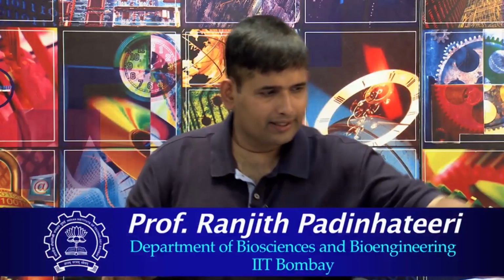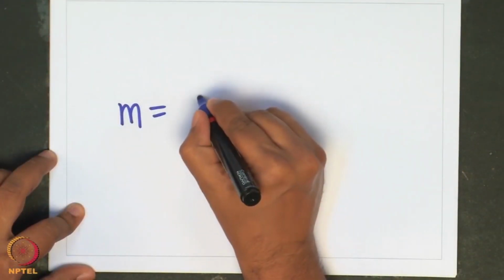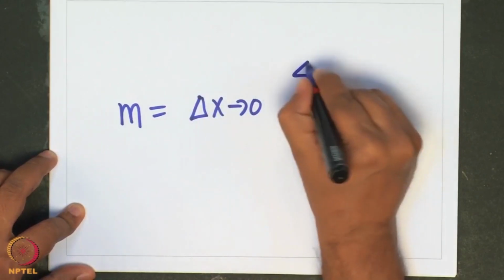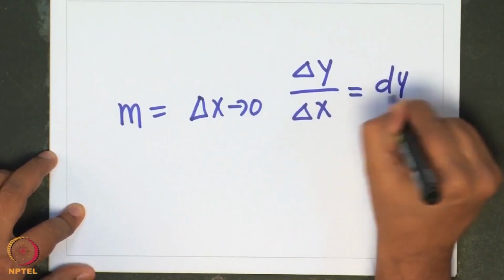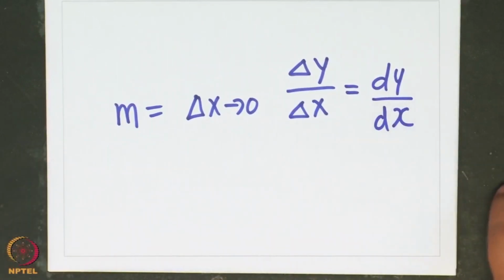The biggest takeaway from this lecture is the following: the slope is, take delta x very small, delta y by delta x. This is what the slope is. This is defined as dy by dx. So this is the way to calculate dy by dx.